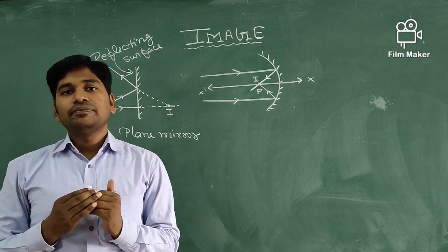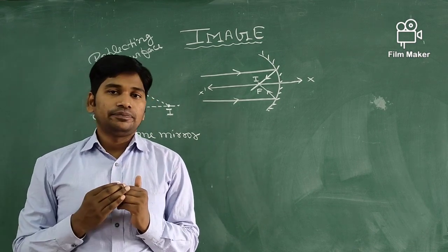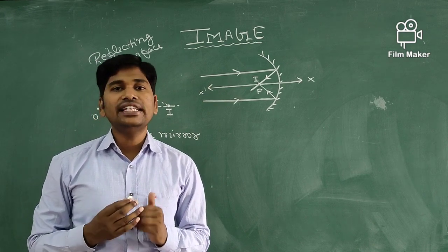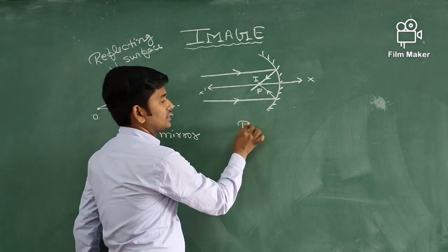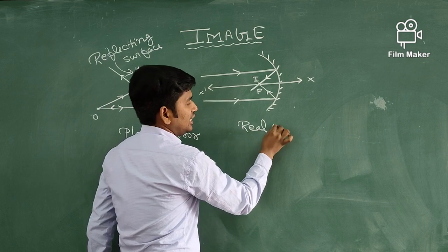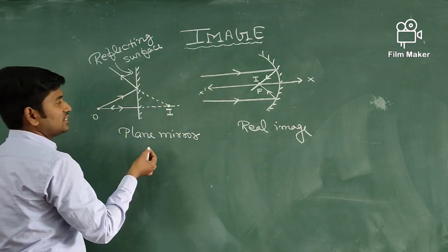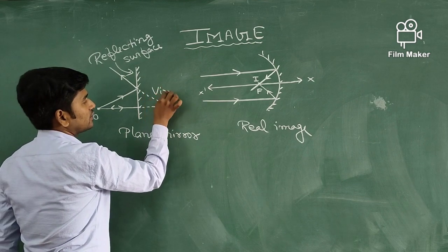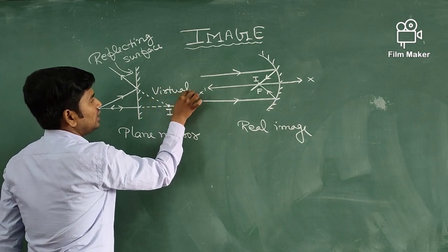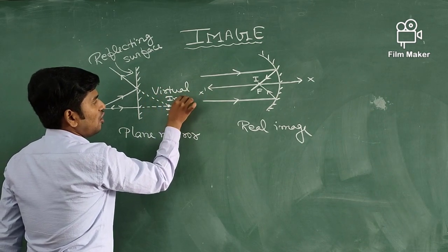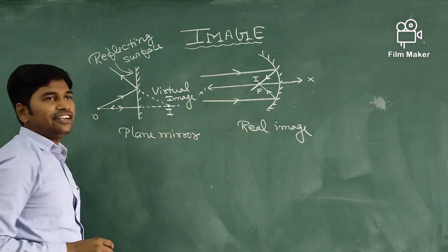This image can be of two types. The first one is known as real image, and the second one is known as virtual image. Now, how can we define real and virtual image?